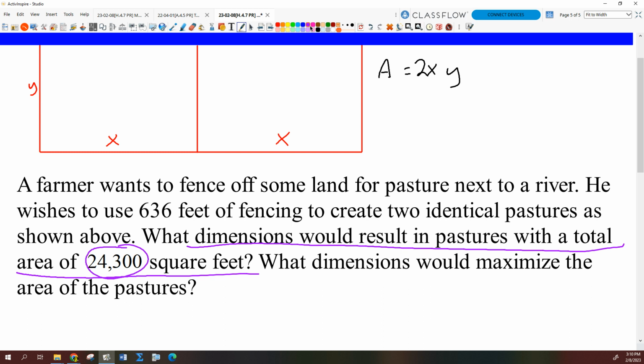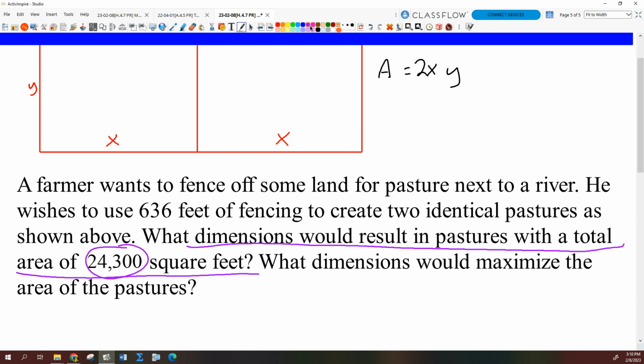So right now, I'm going to need some additional information that's going to allow me to write area as a function of only 1 variable. This is the kind of thing we're going to spend a lot of time doing in calculus in a couple of years, like trying to maximize quantities when we do optimization.